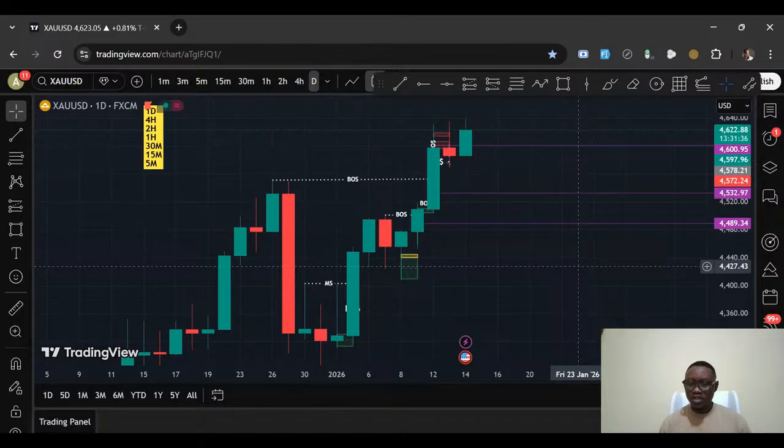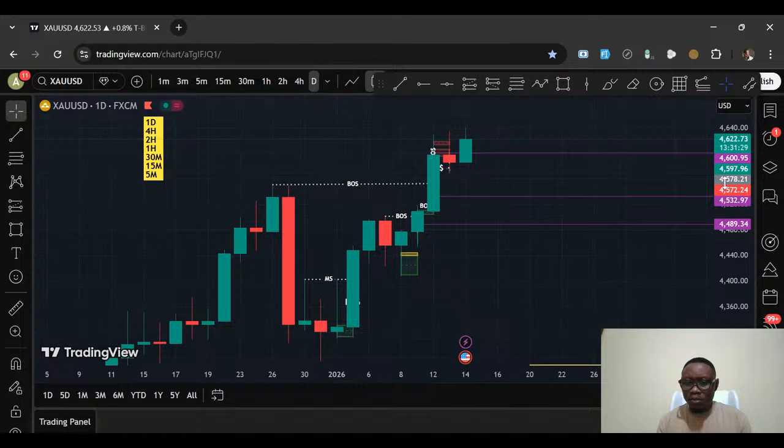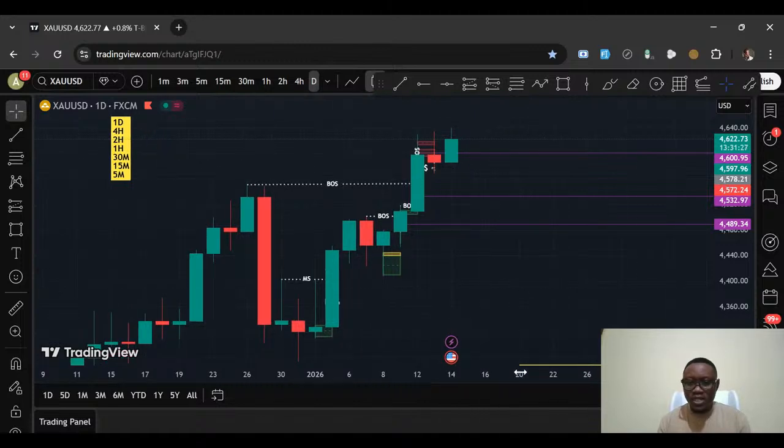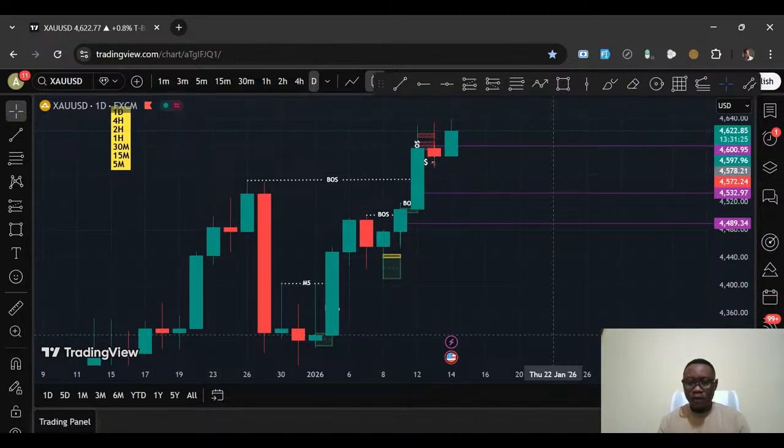Understand the trend, understand the structure of the market. Then pay close attention to the most recent break of structure, BOS, or market shift, as the case may be.